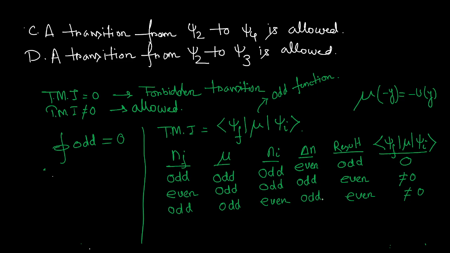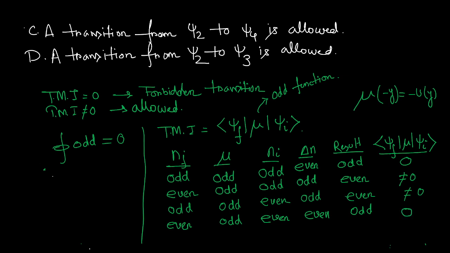For a transition from 2 to 5, the difference will be odd. If both initial state and final state are even, then the difference value will be even, and the total result will be odd, so your TMI will be 0.